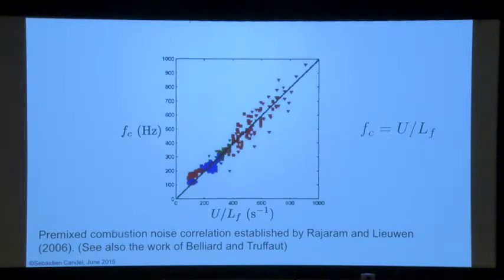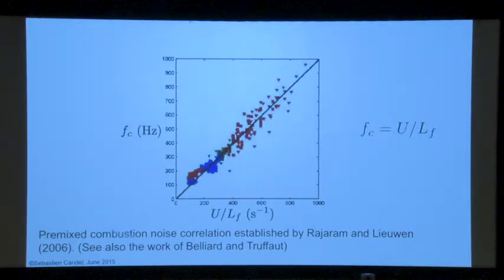So the frequency is U divided by the length of the flame. If U is, let's say, 10 meters per second, you have a turbulent flame, and LF is, for example, 20 centimeters, well, you have directly the frequency right here.